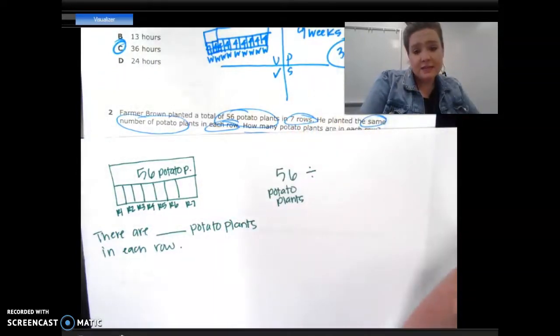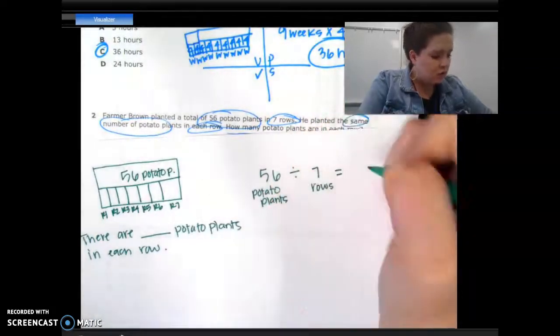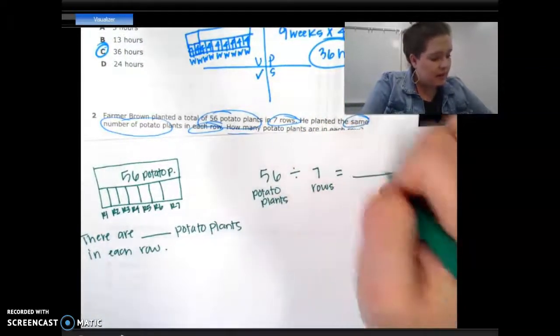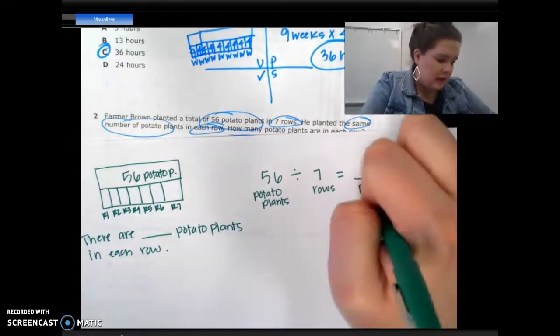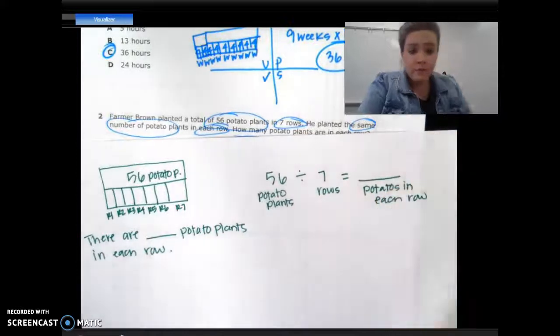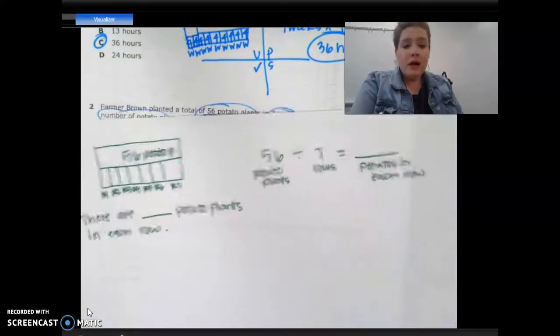Good. 56 potato plants divided by 7 rows equals a blank number of potatoes in each row. Okay? Well, how do I solve this?